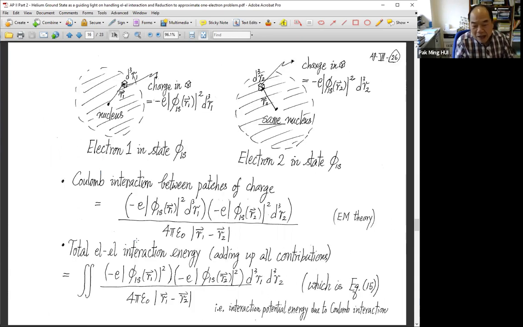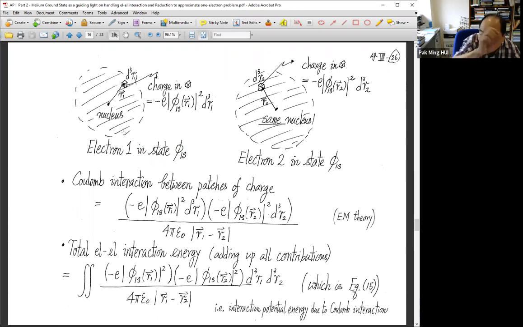So here I try to draw some picture of this idea. I have a nucleus here. If I only look at one of the two terms, it means electron 1 lives in this particular 1s state. Although I don't know the form, I know there's a wave function 1s. So if electron 1 is in 1s, its charge is distributed according to the wave function squared.